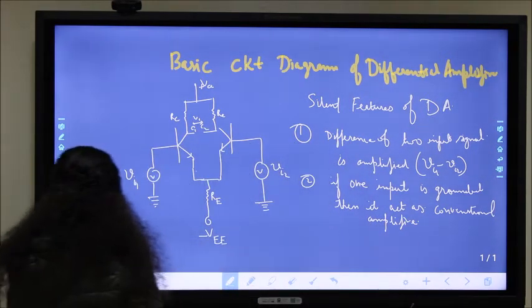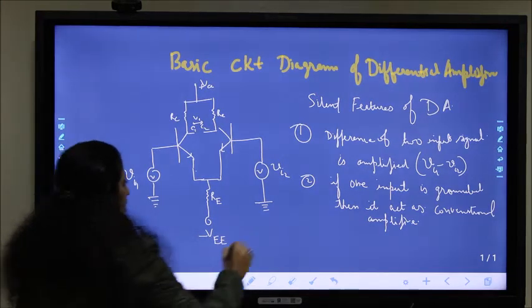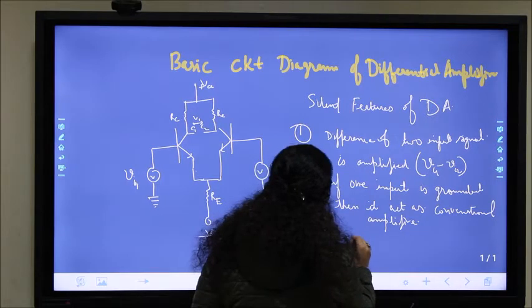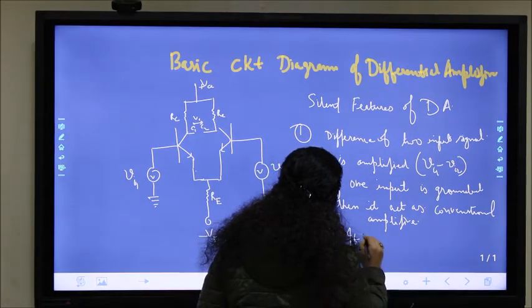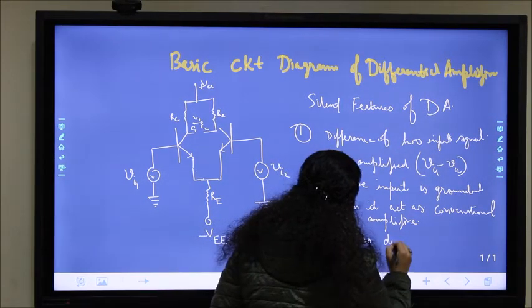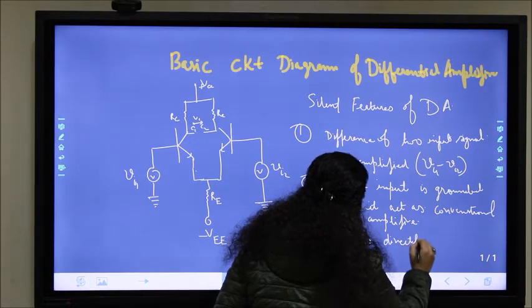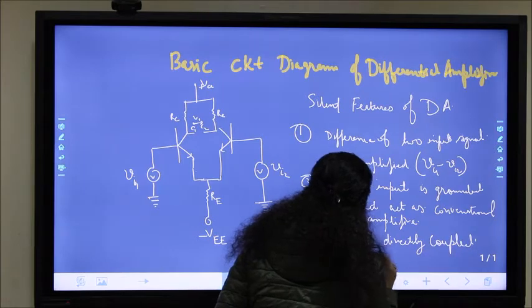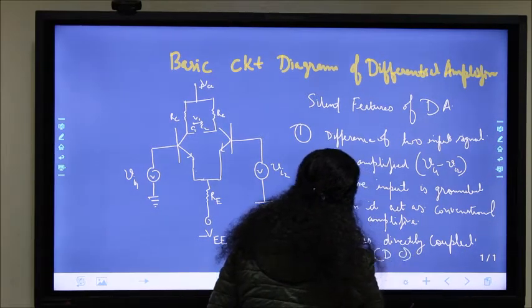Third salient feature of the differential amplifier is that it is directly coupled, that is, it is DC coupled.